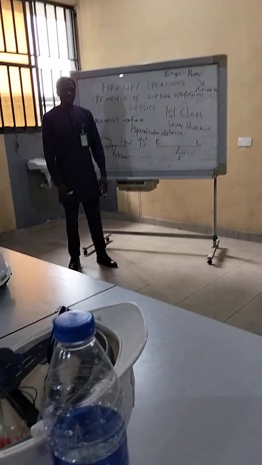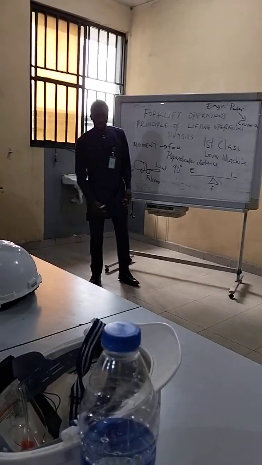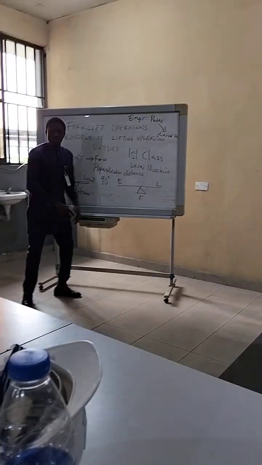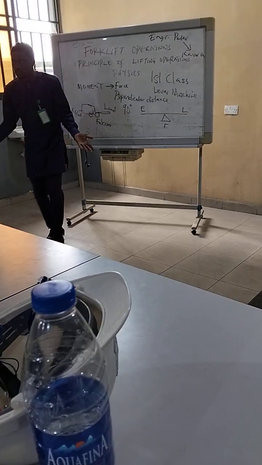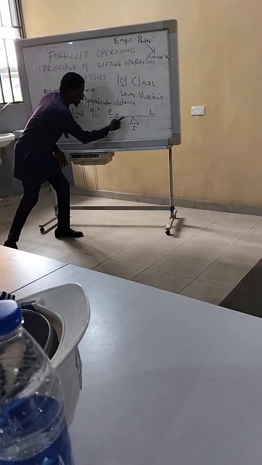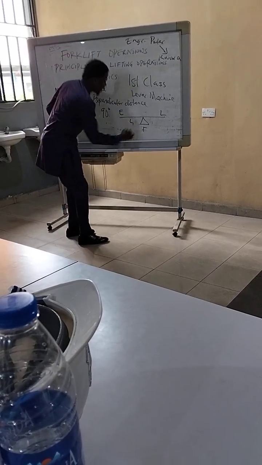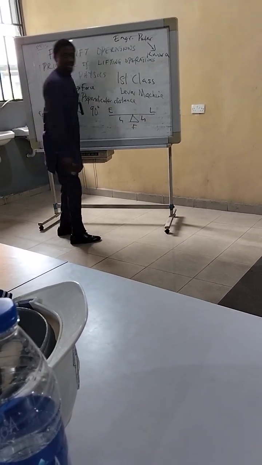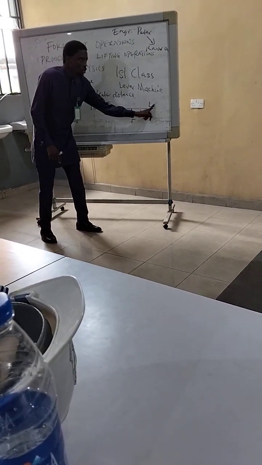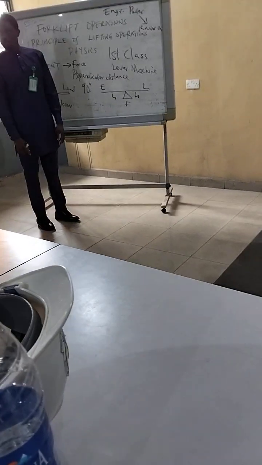So what we are saying is that, I said moment, right? This effort is a load, so it's force times the distance. Let's call it L1. Let's call this L2 as the distance, compared to the load and the distance also.